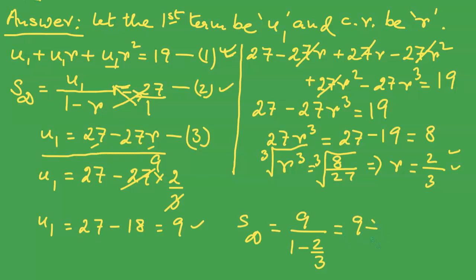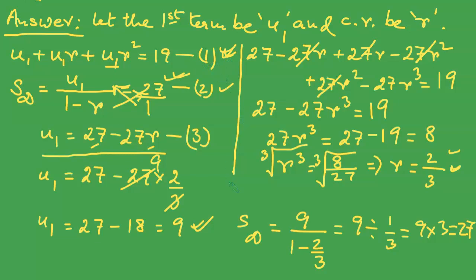So it is 9 divided by 1 over 3, or 9 multiplied by 3, which is equal to 27. Okay. So we are seeing that this equation is getting satisfied by these two values. You will definitely be seeing that the first equation is also getting satisfied.